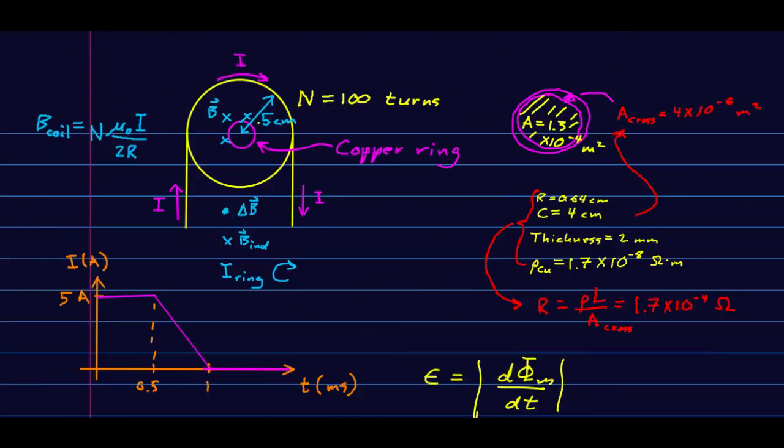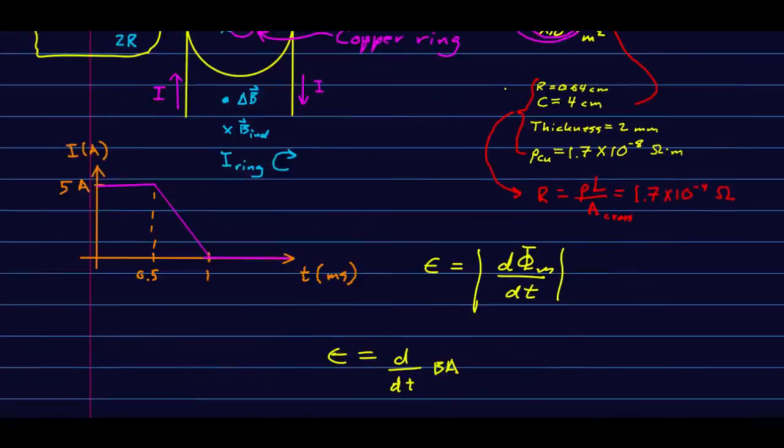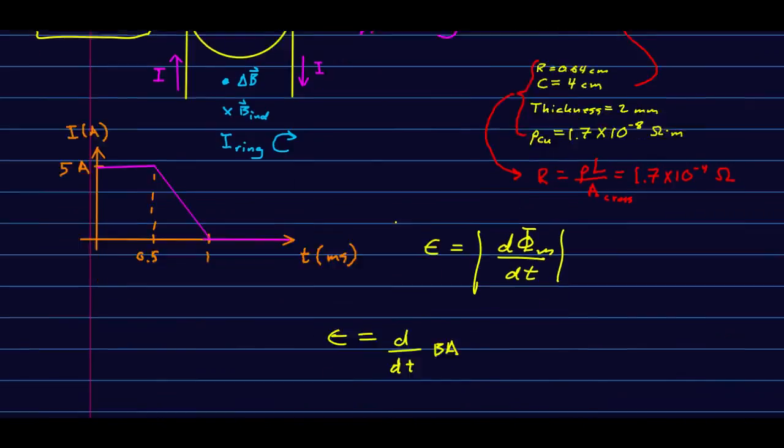Because this B field is perpendicular to this surface inside the ring, so there's no cosine of an angle. And this ring is pretty small, so it should just be getting that roughly constant B field in the middle of the coil, which should have this magnitude. A is a constant, that is just the area of the ring, which I've calculated here.